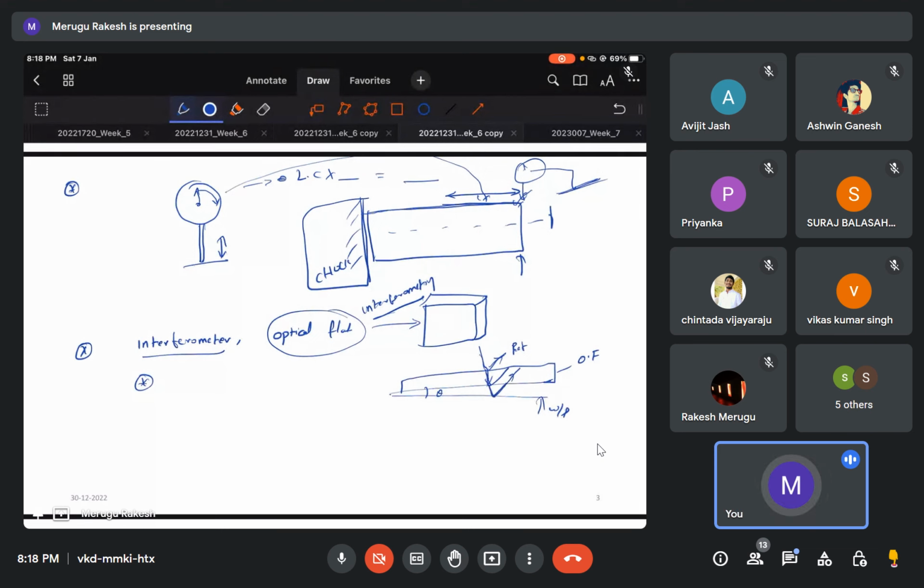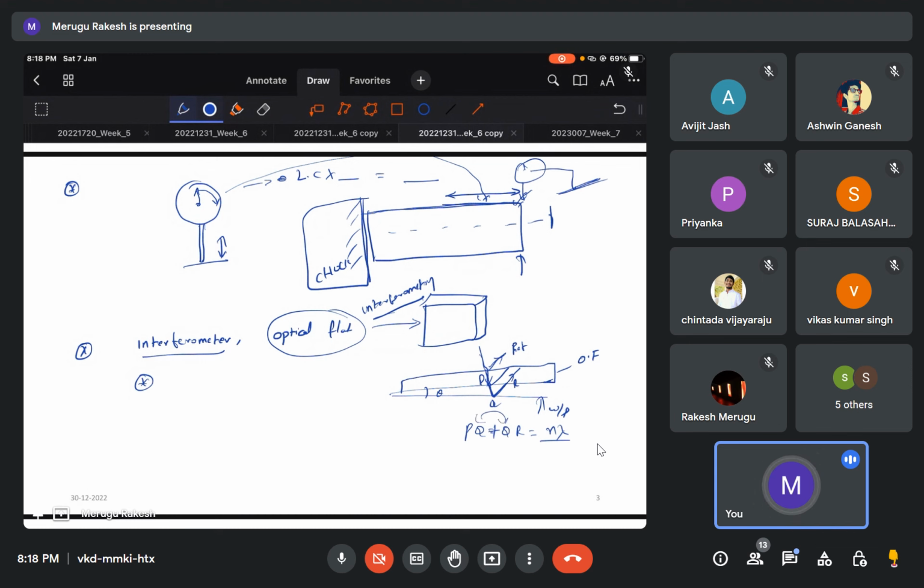So this distance I am naming as PQR. If theta is too small, then I can take PQ equal to QR. PQ plus QR is equal to n lambda, and PQ and QR are equal if theta is small.